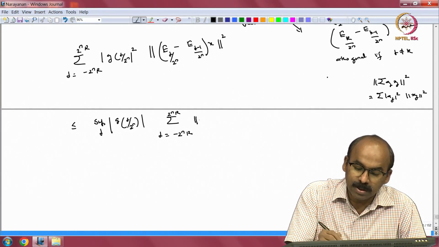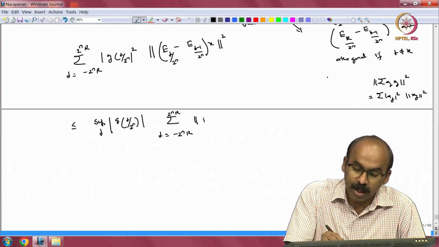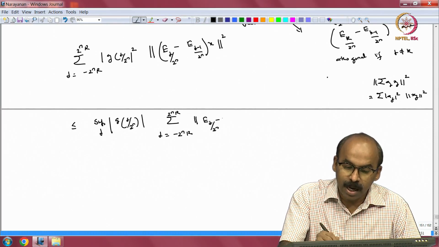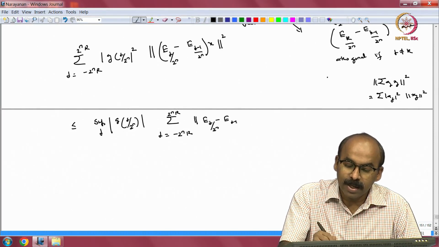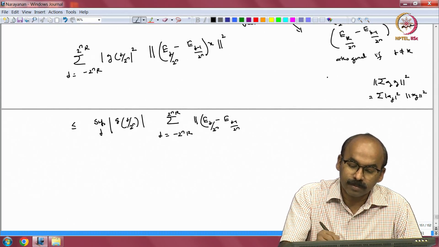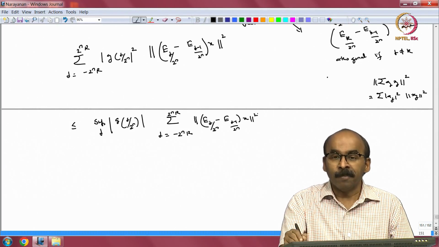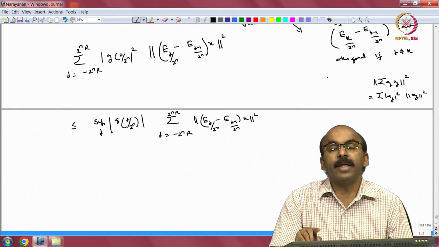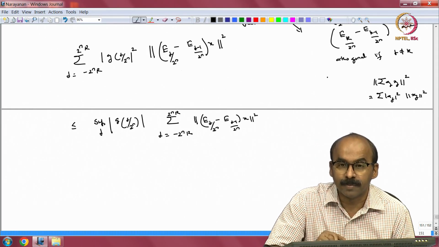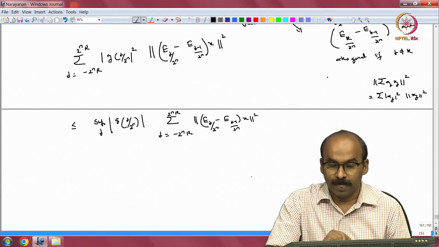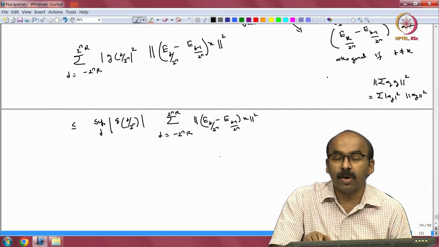Whatever is remaining is the sum of the norm square of E j by 2 to the n, the projection, minus E j minus 1 by 2 to the n, acting on x. So, I have not done anything except using the orthogonality of the ranges of these operators. Now, I can use it again, because these vectors are still orthogonal to each other.